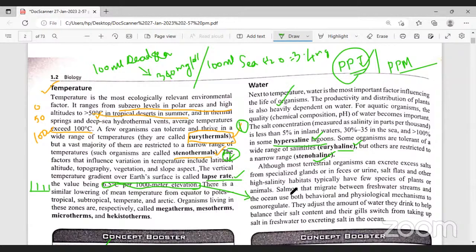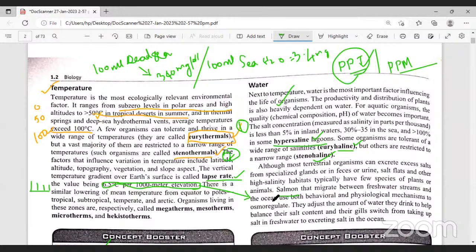Salmon is one of the fish that migrate between freshwater streams and the ocean, and use both behavioral and physiological mechanisms to osmoregulate.